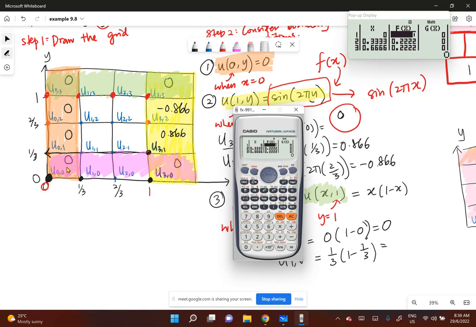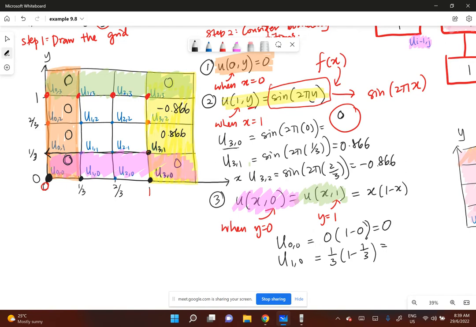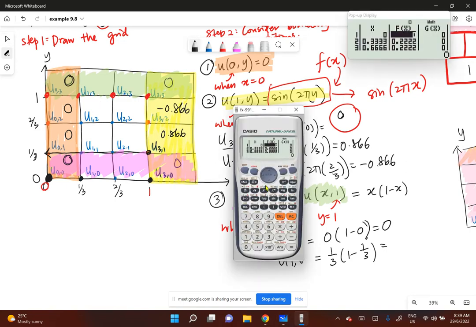Now you get the value when x is 0, the value of u is also 0. So here 0, here also 0, because they are the same. Now, when x is 1 over 3, the value of u is 0.2222.